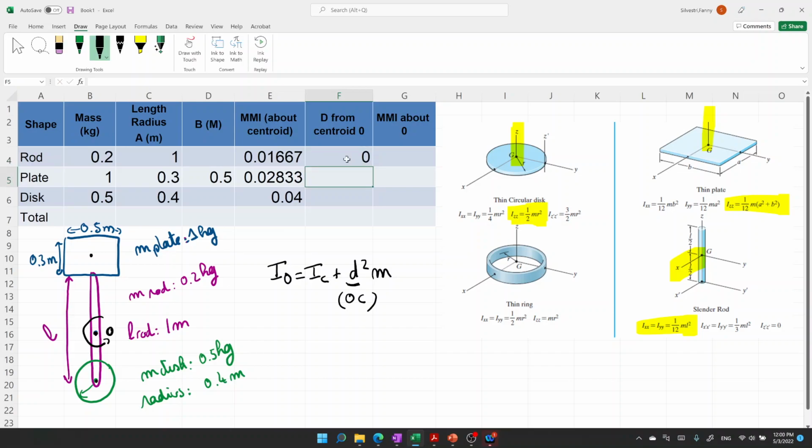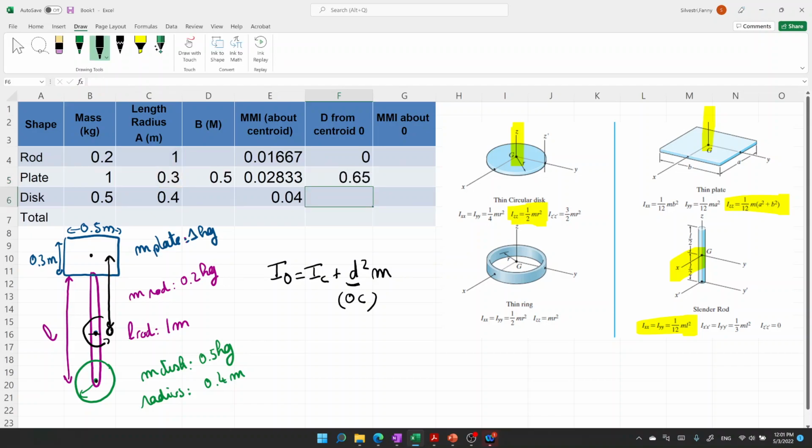For the plate, the distance will be this one, between this one and this one. Don't make the calculation in your head, just type a formula. It will be equal to the L of the rod, this one, divided by 2, plus the 0.3, this one, divided by 2. That's the distance from the centroid.